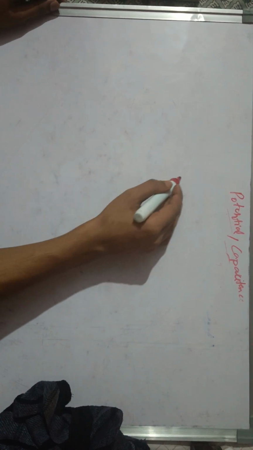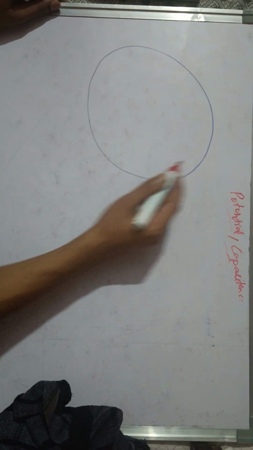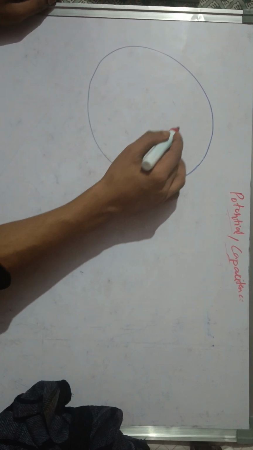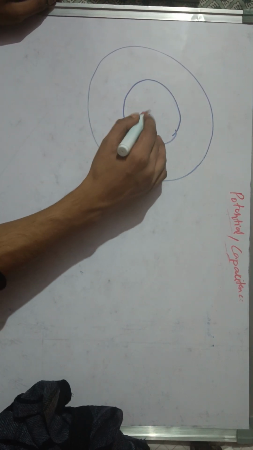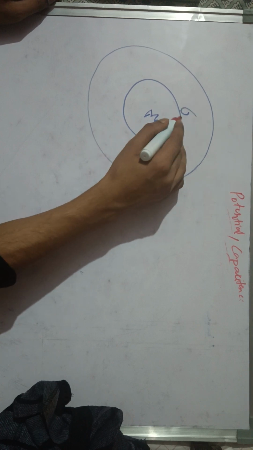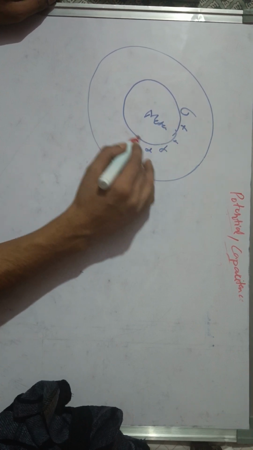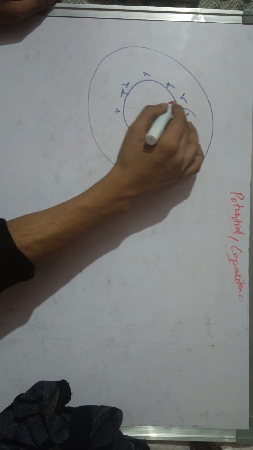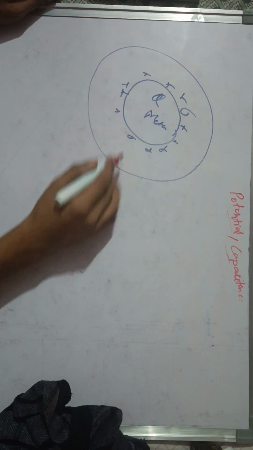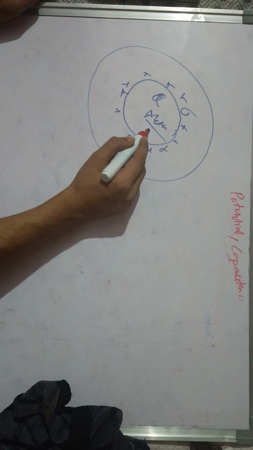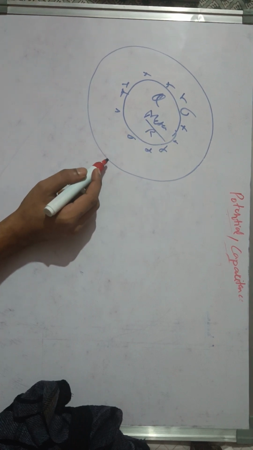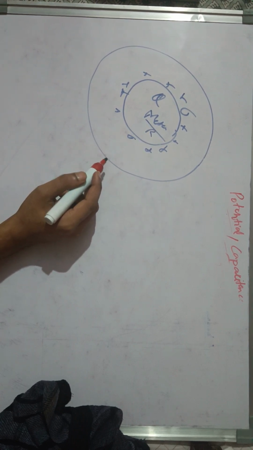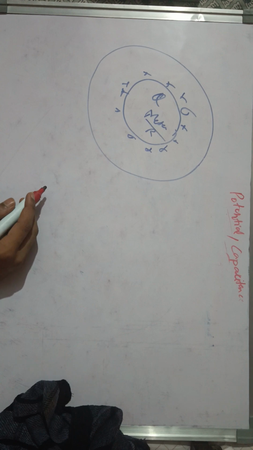Let's say there is a metal sphere with sigma charge density, and let's say the charge on this body is q. At this surface it has radius r.